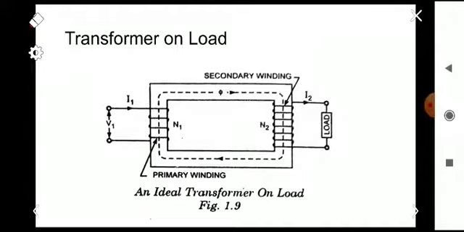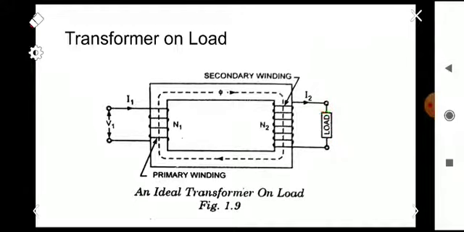Before going to the phasor diagram, we must know what happens when a load is connected at the secondary of a transformer. When the secondary circuit of a transformer is completed through a load, we can say through an impedance, the transformer is said to be loaded and current flows through the secondary.